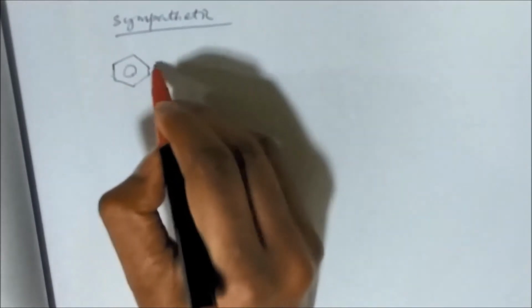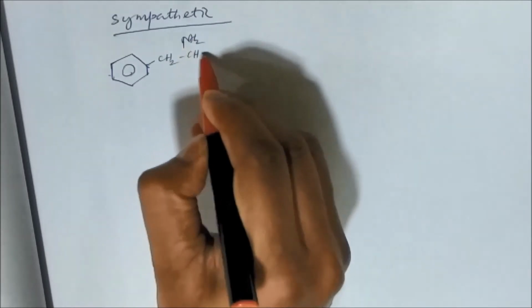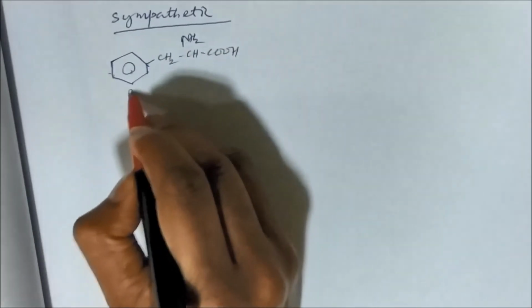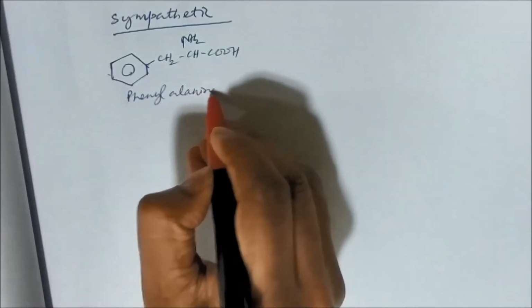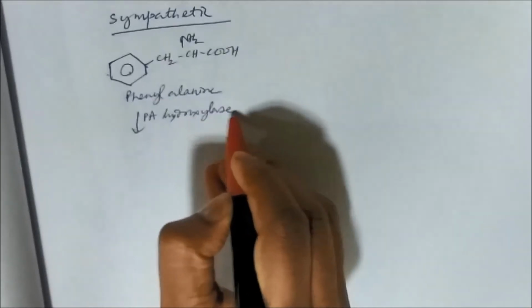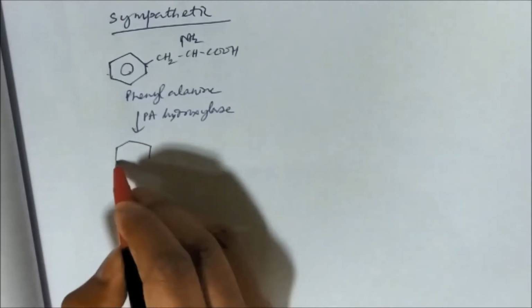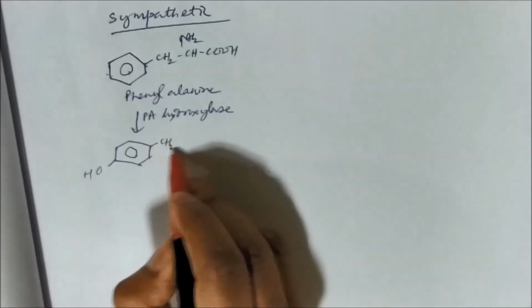This is the structure of phenylalanine. And this phenylalanine, by the enzyme phenylalanine hydroxylase, undergoes hydroxylation. This is called tyrosine.